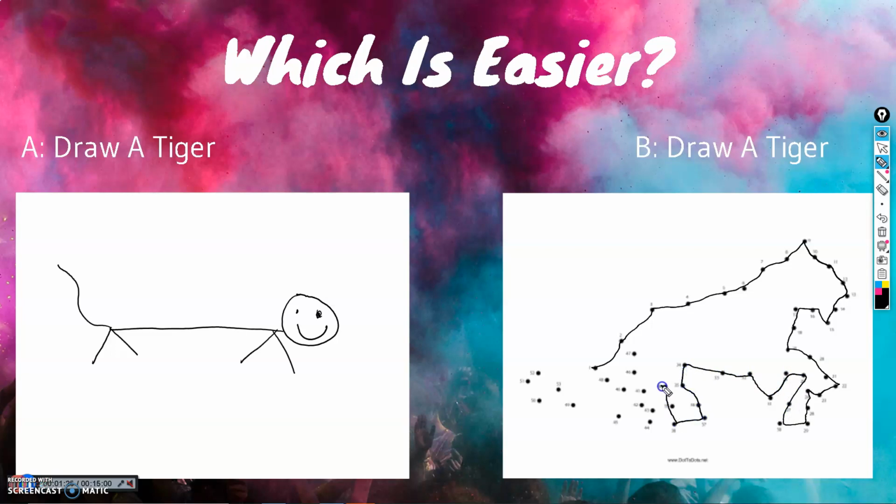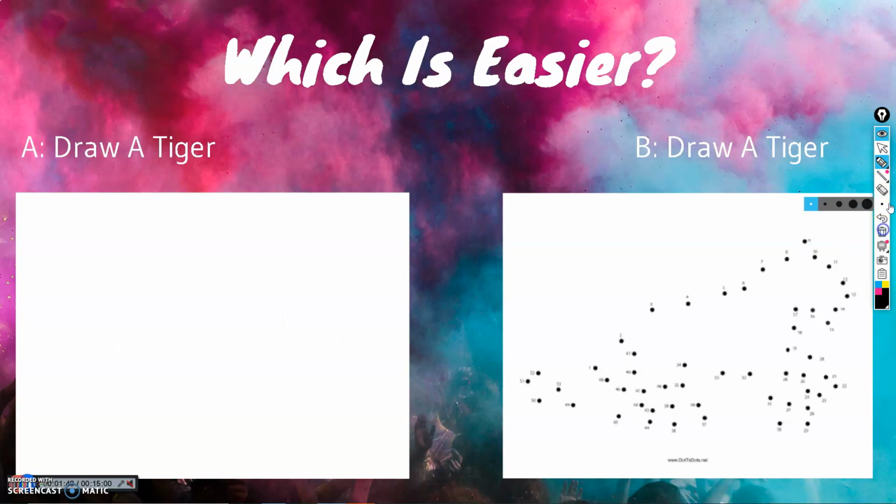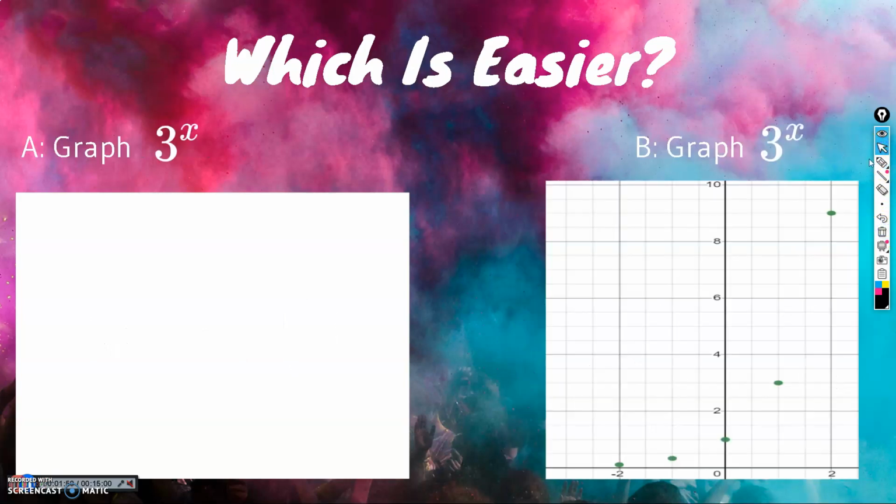I think that's another leg. Down, down, down, down. And that's kind of a tiger, right? But anyway, I might have missed a couple dots, clearly. But this shape of a tiger is still probably better than this one, right? Why? Because I had an outline already drawn for me. Please don't judge me too heavily on my art there.